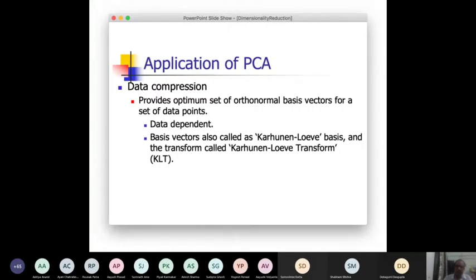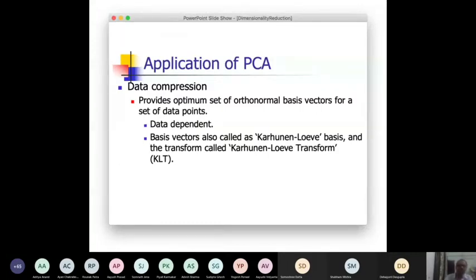In principal component analysis, you are trying to capture the distribution. What is important is that when you are computing the covariance matrix, given a set of data points, you are trying to estimate the covariance matrix of that distribution. But still it is data dependent. So if you have another set of data points, your transformation would change.